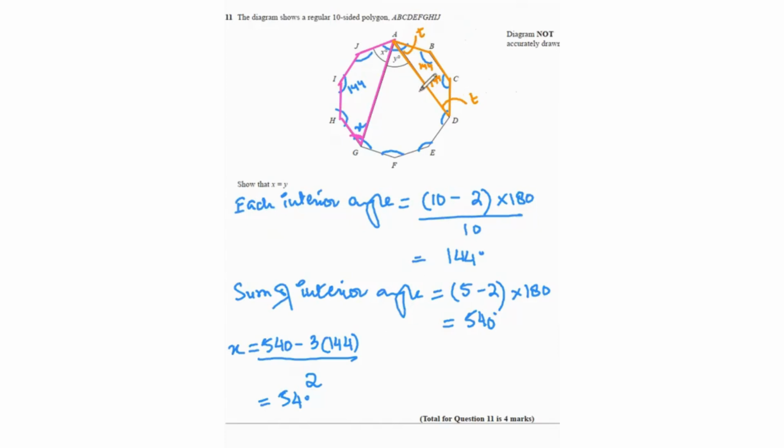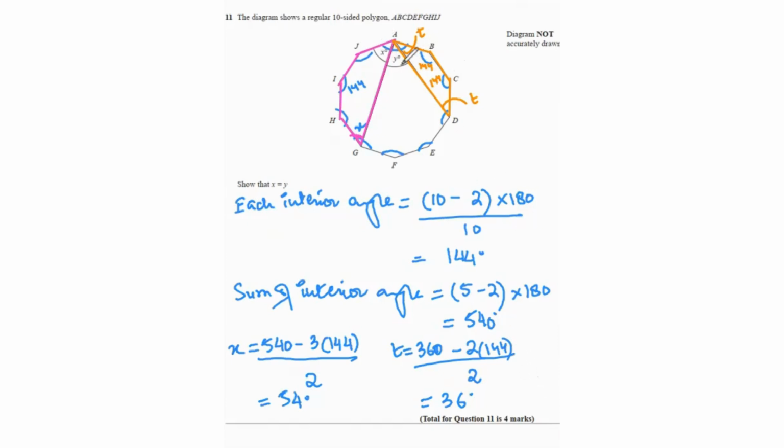We have 1, 2, 3, 4, and sum of interior angles for a quadrilateral is 360. So T is going to be 360 minus 2 times 144, and then again divide by 2 because we have two T's. 360 minus 2 times 144 divided by 2, that's 36 degrees.